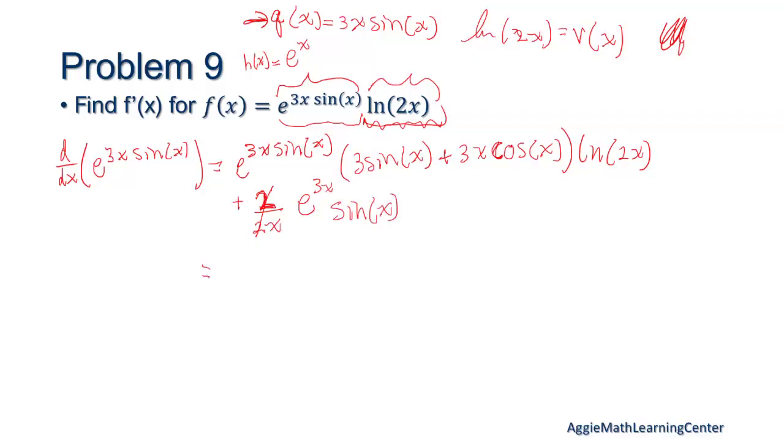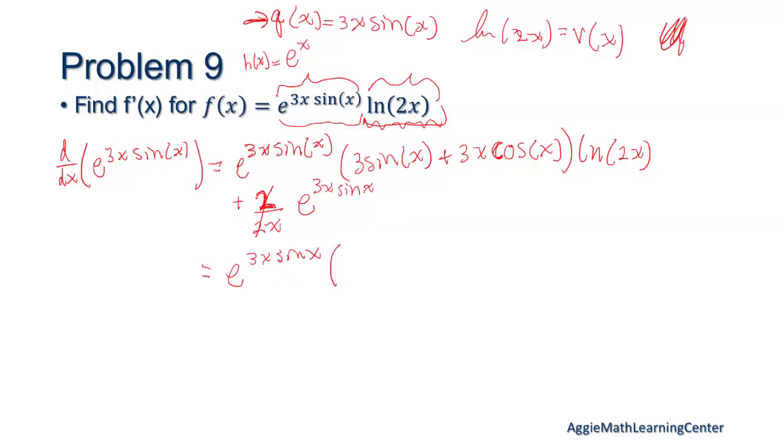Okay, let's clean this up a bit. So we have an e to the 3x sine of x on both sides. I apologize, that should definitely be in the exponent. Do you guys ever do that, where it just falls down?